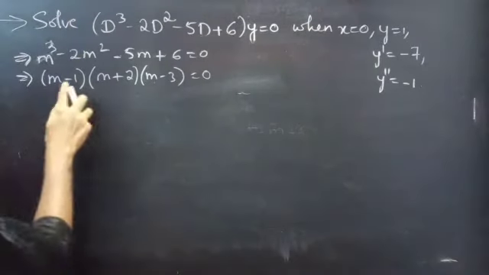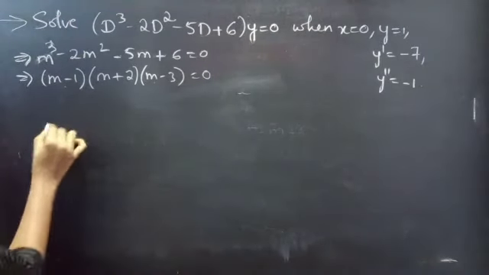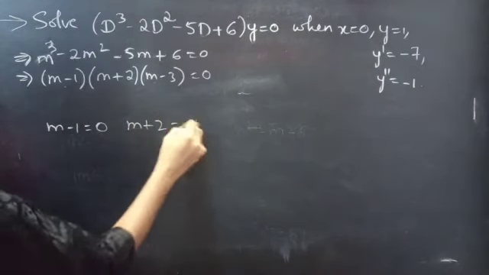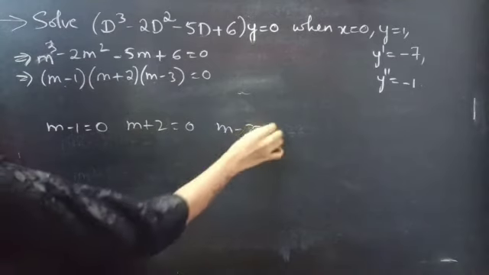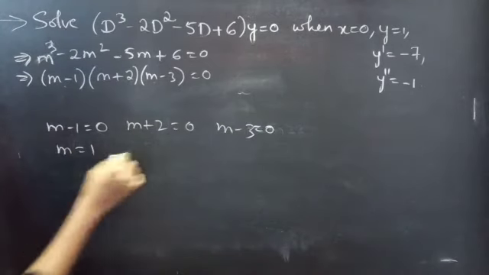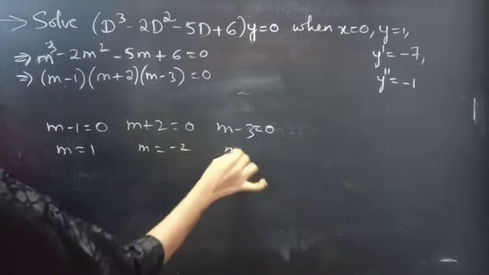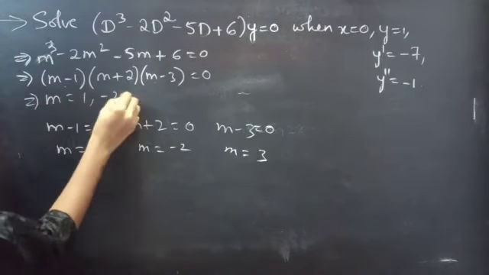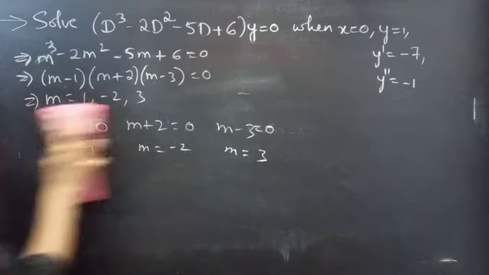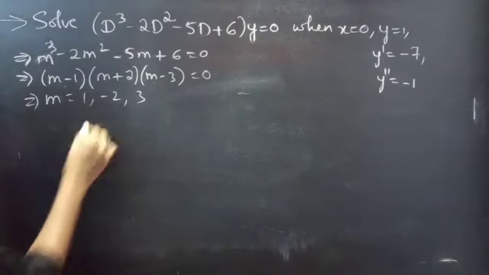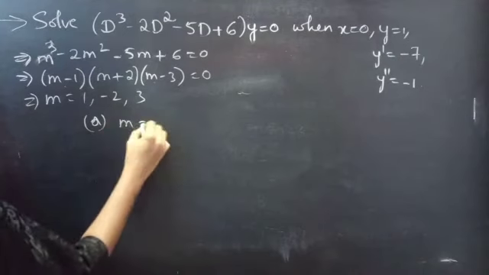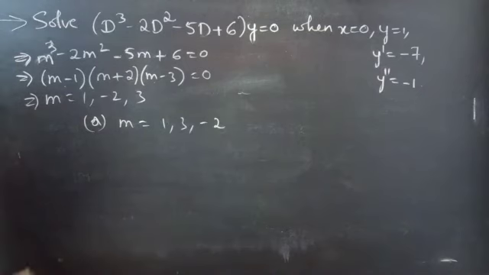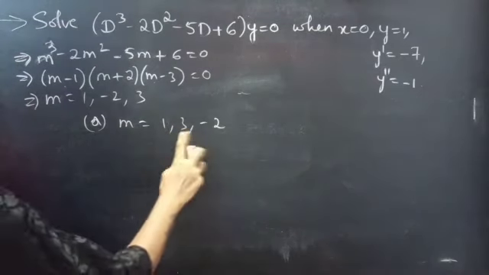Now, if we equate each factor to 0, you'll get roots. m equals to 1, m equals to minus 2, m equals to 3. So our roots are m equals to 1, minus 2, 3. Here the roots are real and also distinct.